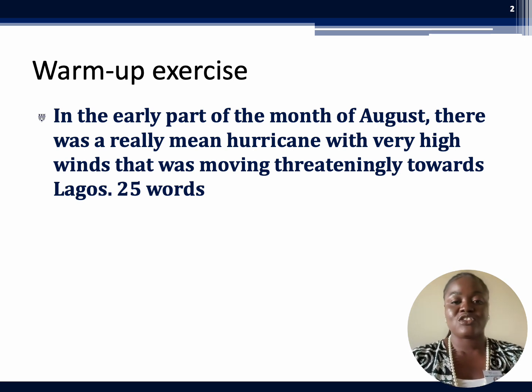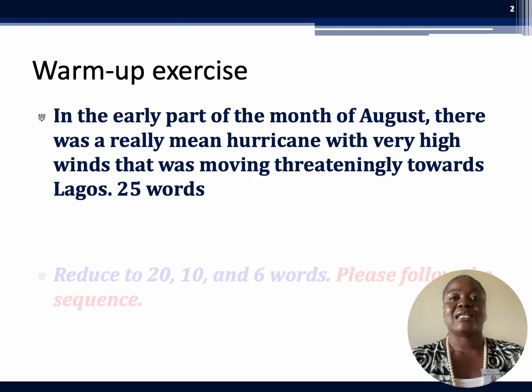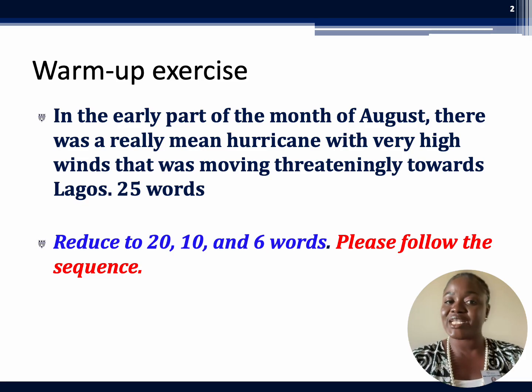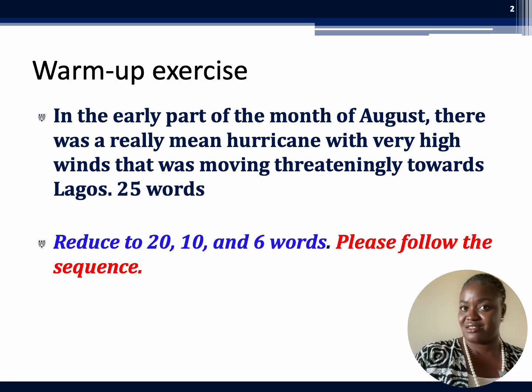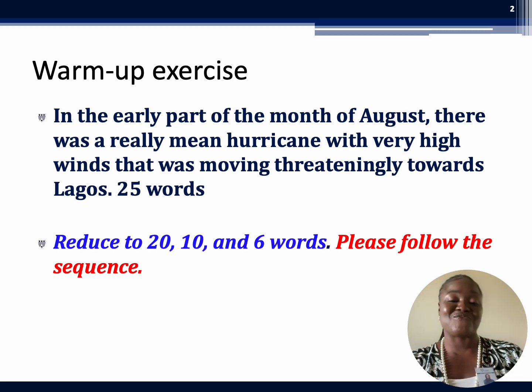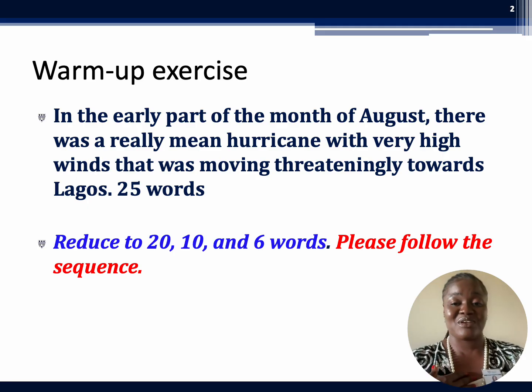So let's try to do this. The task is we have about 25 words on the screen. I'd like you to reduce to 20, 10, and 6 words. Now be sure to follow the sequence. You can pause the video and then move ahead with the reduction exercise, the summary exercise.